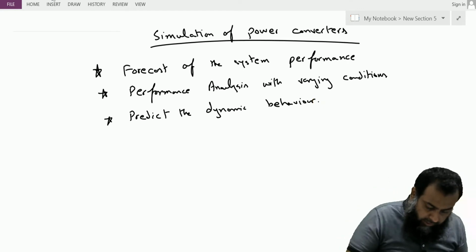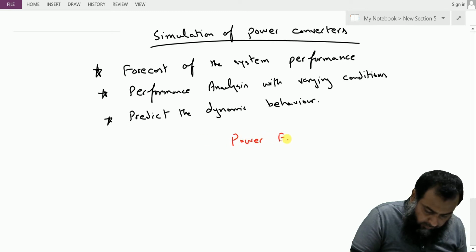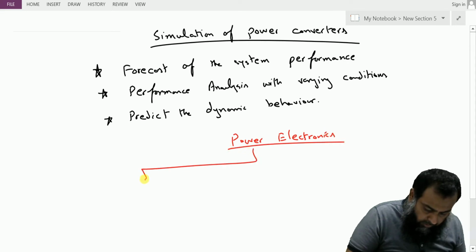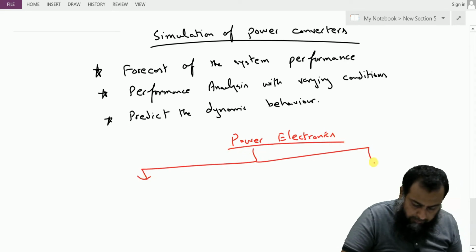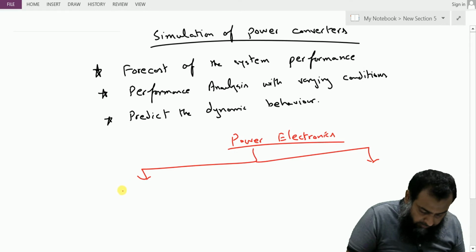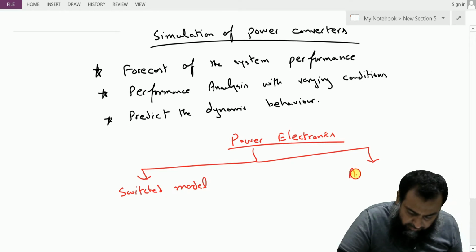So in power electronic circuits, we have two different types of simulation procedures available. The first one is the switched model simulation, and the second one is an averaged model.